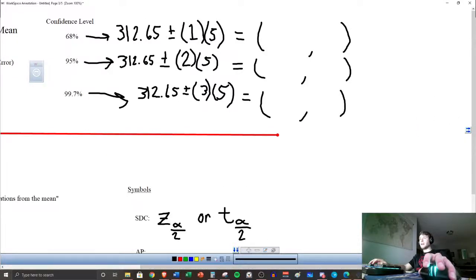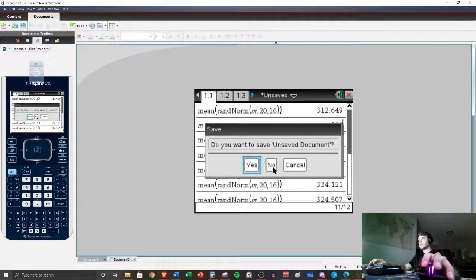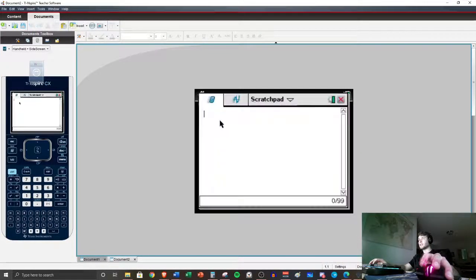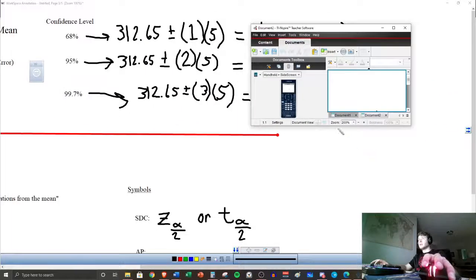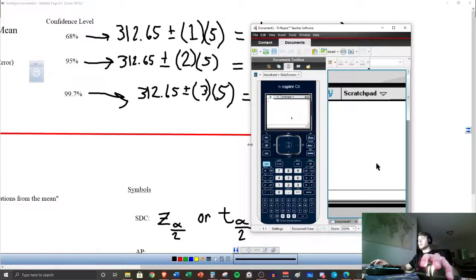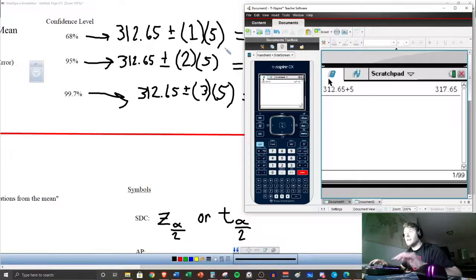So we're going to grab the calculator. Let me make a new document. Hold on, I can just use a scratch pad. So I need to do 312.65. We're going to add 1 times 5, so add 5.